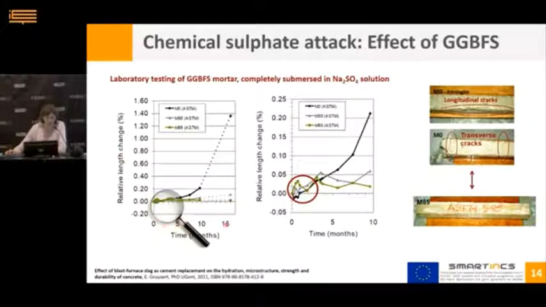You see it's the number of months, so the test takes quite a lot of time to finalize. We didn't do the last step exactly according to the standard because we didn't replenish the sulfate solution anymore, and this is the reason why I put it in dashed lines and not in a full line over here. But we clearly see from the start a first phase where almost nothing happens.